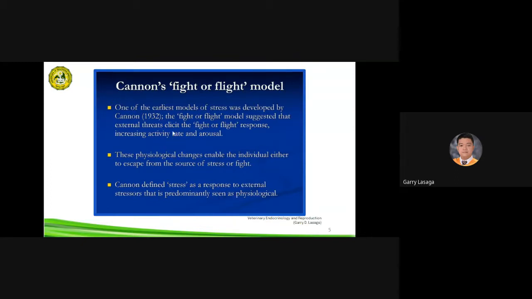So why does Cannon name this particular type of response fight or flight? Why was it called fight or flight? For example, when an individual is being exposed to a frightening environment, the fight or flight response will be elicited by the individual.